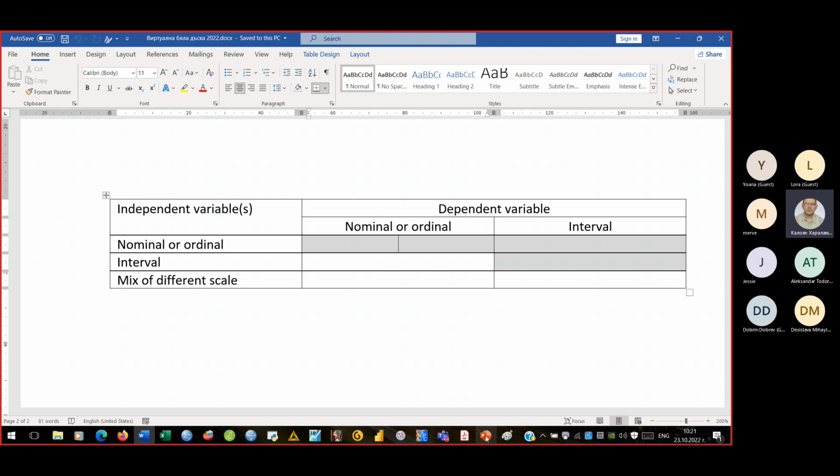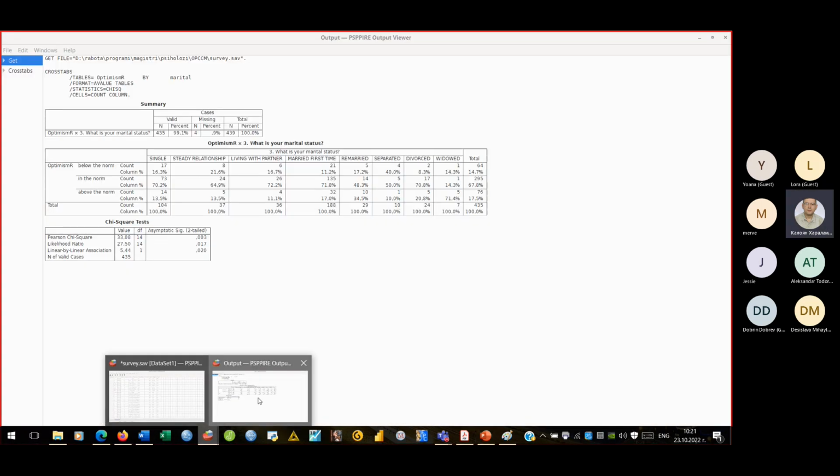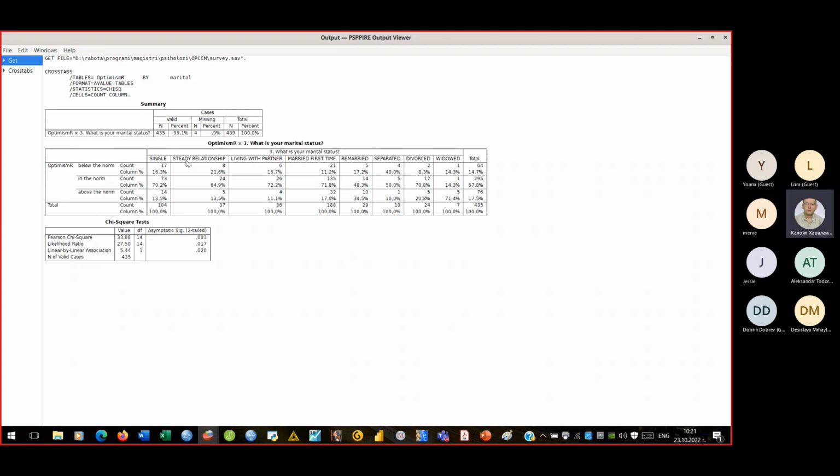So in our case, we have here a nominal variable, different marital statuses, but here we have no order, and this independent variable is nominal, and we cannot analyze the direction of relation.